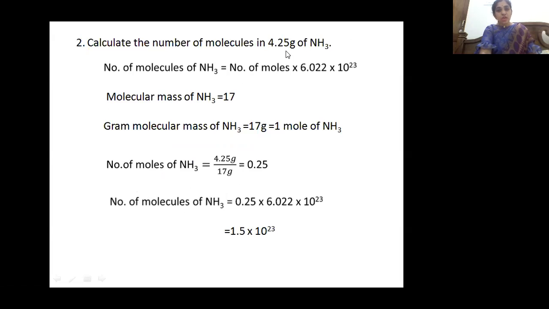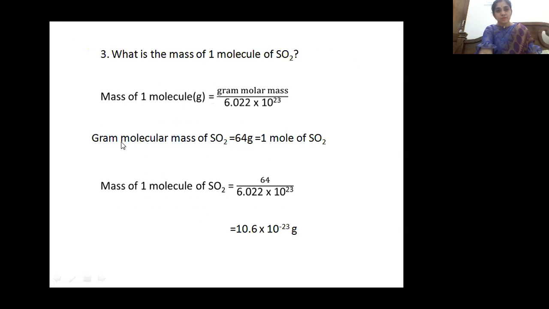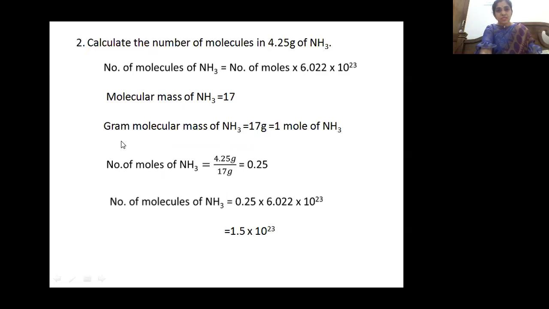Similarly, let us look into another problem. Calculate the number of molecules in 4.25 gram of ammonia. Number of molecules of ammonia is given by number of moles into 6.022 into 10 to the power 23. So molecular mass of ammonia is 17, that is, for nitrogen it is 14, plus for hydrogen 3 into 1 is 3, 14 plus 3 is 17.